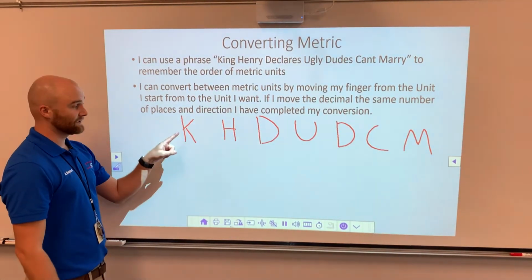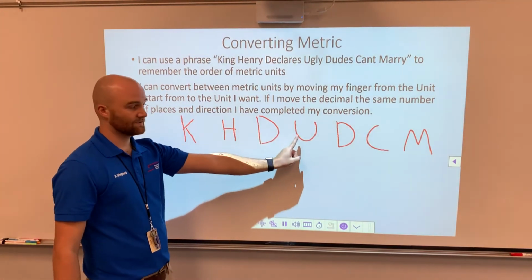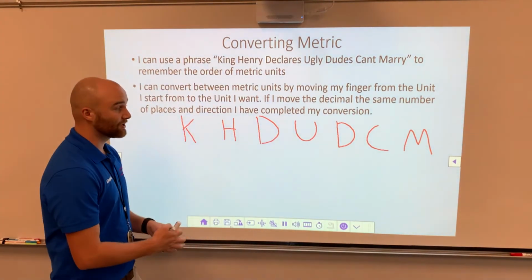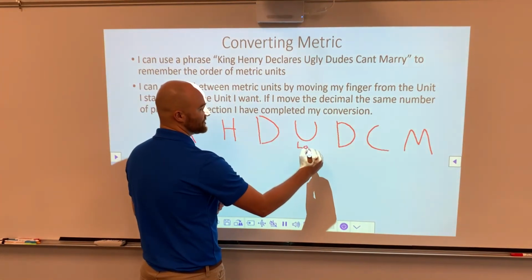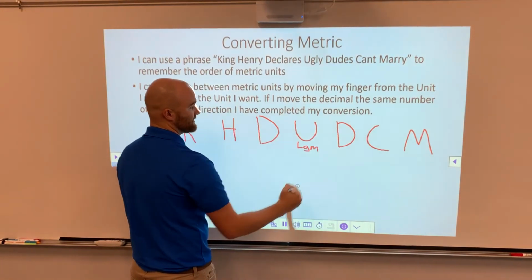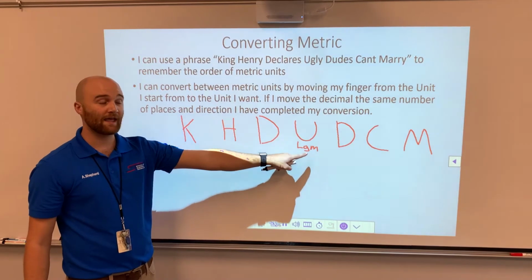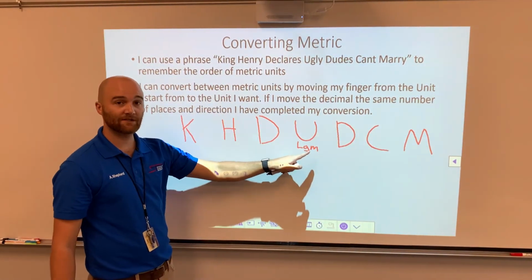Again, that stands for kilo, hecta, deca, our units, deci, centi, and milli. Remember, our units is where we'll find those L's and those G's and those M's. Be careful that you don't mess up and think that the M, just one M, is millimeters. It's not. 1 M is regular meters.